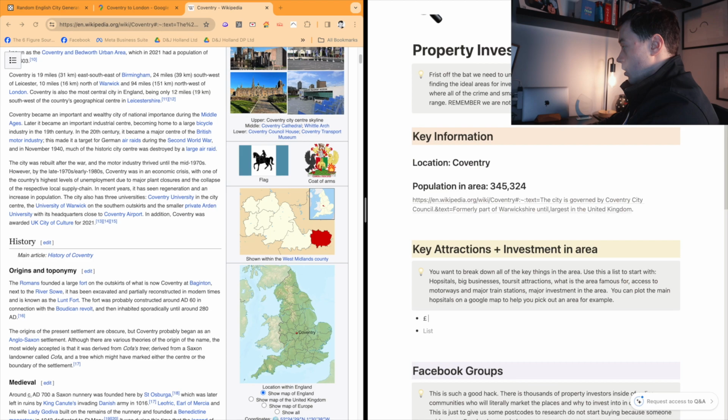So 3 major unis in the area. What have we got? We got Coventry Uni, Uni of Warwick, and Arden Uni. Okay, so that's some good information already.